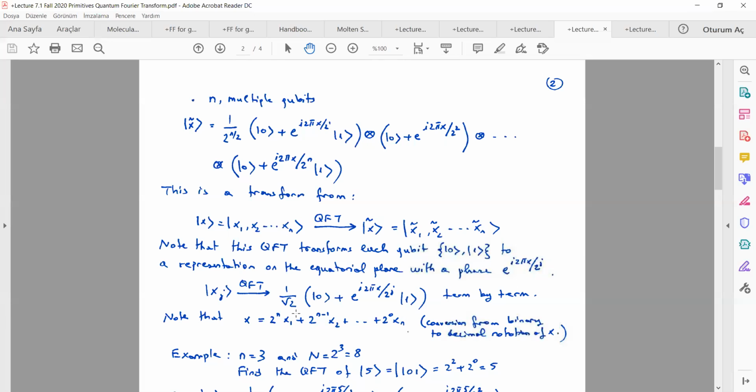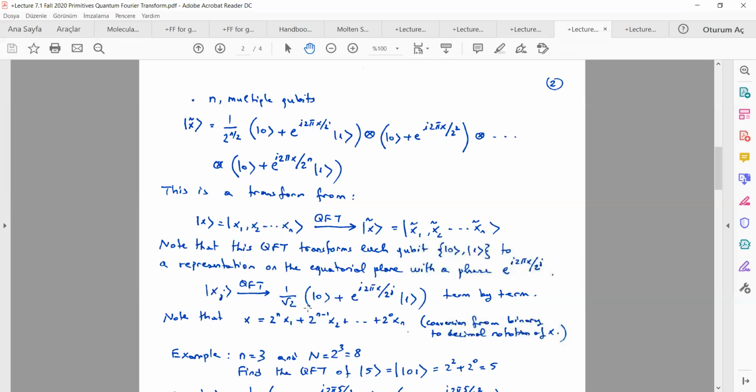So in the most general case, we could represent the quantum Fourier transform as applied to one of the qubits of this input state as ket x sub j. Let's say one of these qubits has state ket x sub j. Again, x sub j is either 0 or 1. It's in the computational basis.